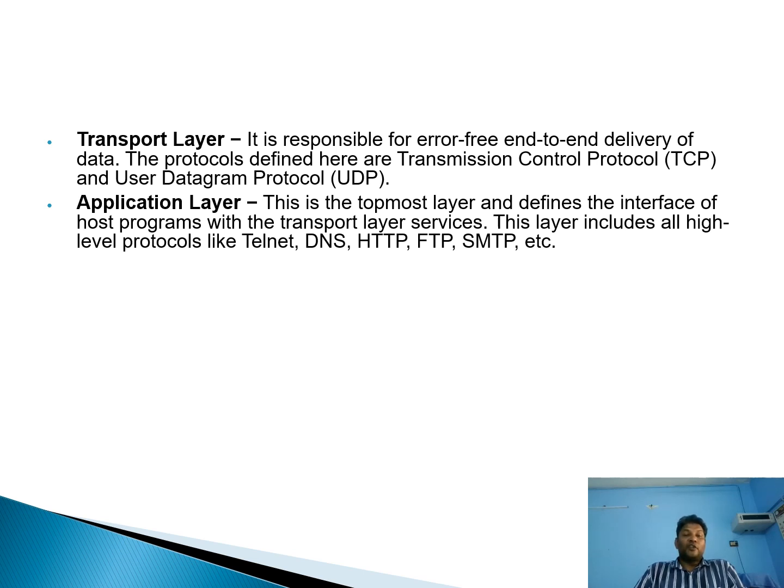This is the topmost layer and defines the interface of host programs with the transport layer services. This layer includes all high-level protocols like Telnet, DNS (Domain Name Service), HTTP (Hypertext Transfer Protocol), FTP (File Transfer Protocol), SMTP (Simple Mail Transfer Protocol), etc. It will look after all of these.